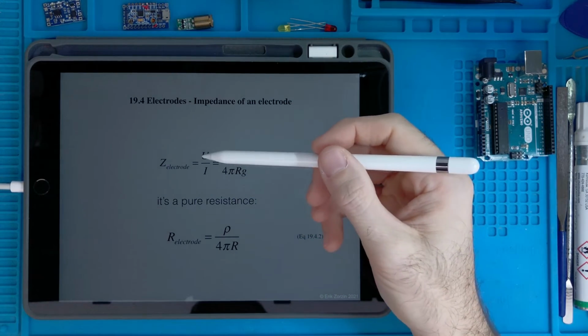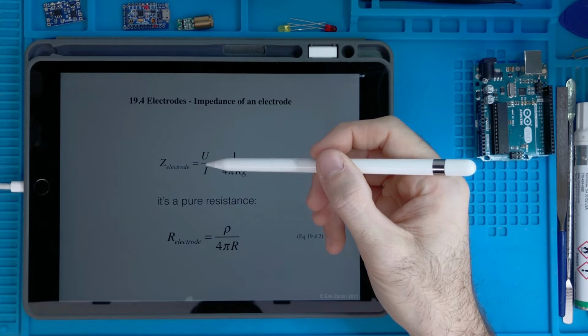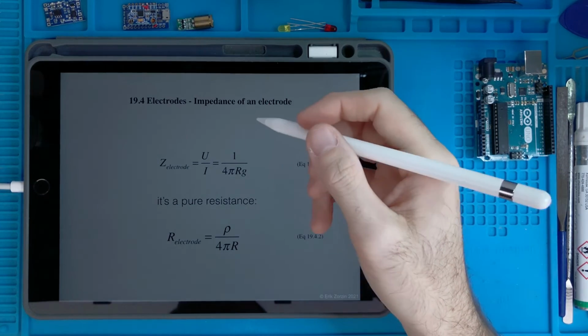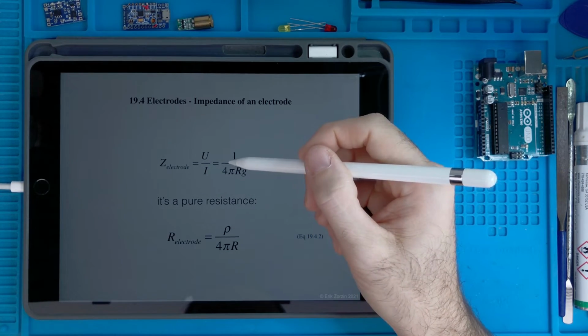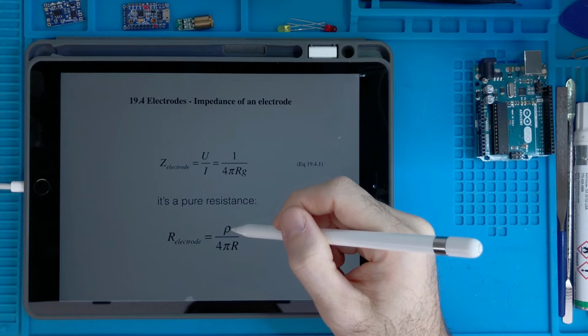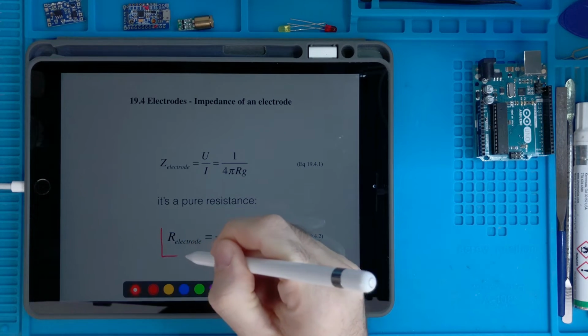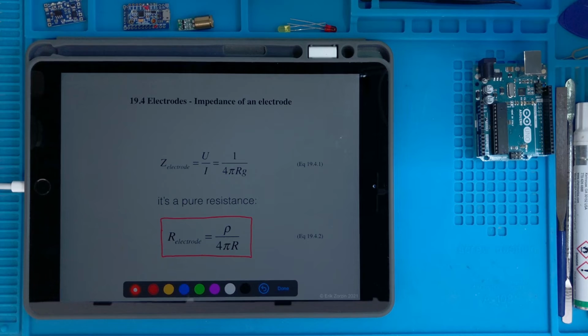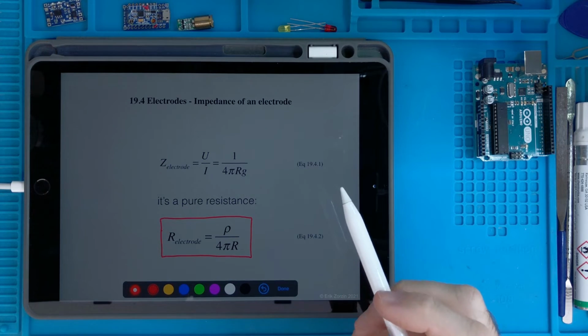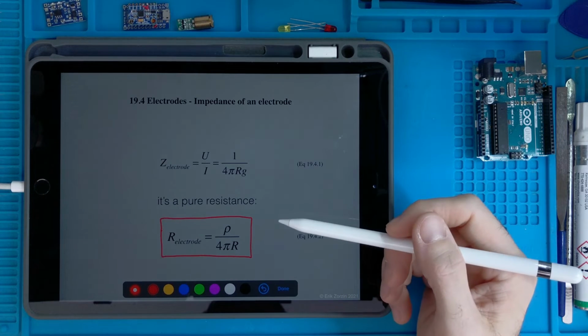By definition, it is the voltage divided by the current exiting out of it, and we obtain this result here. 1 over G is rho, the resistivity of the fluid, and so what we get is that the impedance of an electrode is a resistance. We call it R electrode. It's a resistance because it's a real number, so it doesn't come with an imaginary part.